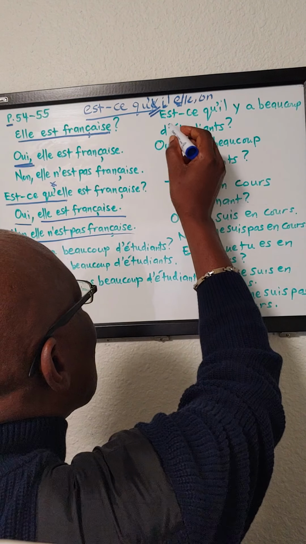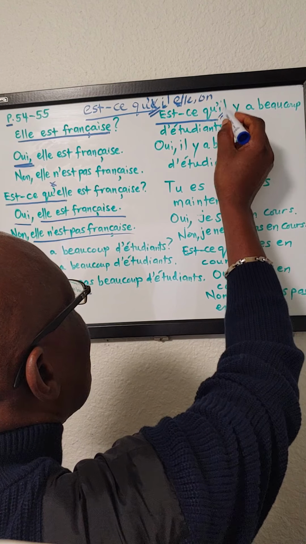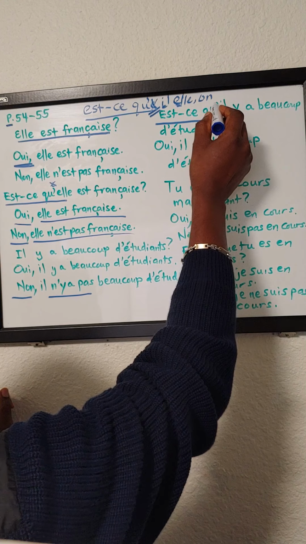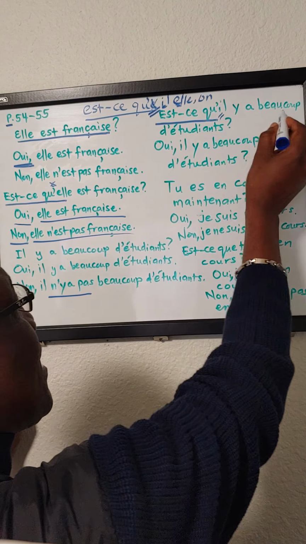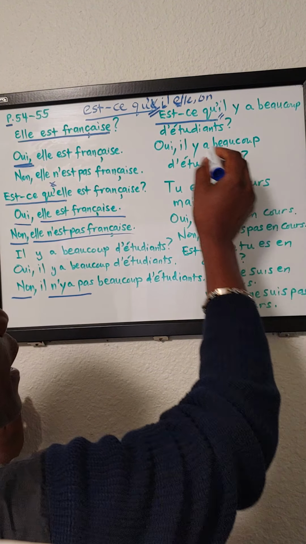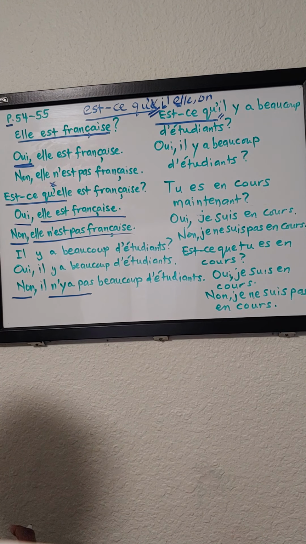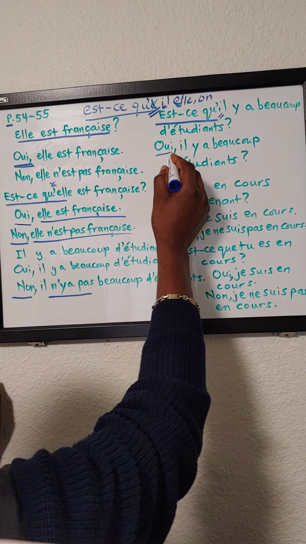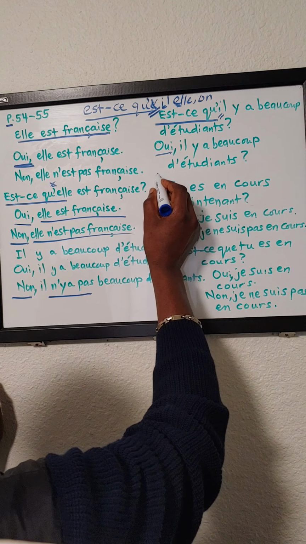Now we are using est-ce que here. You know that we have il beginning with a vowel, so two vowels meet. Get rid of the first one, and then we put our apostrophe. So, est-ce qu'il y a beaucoup d'étudiants? You answer your question the same way, with the oui or the non. Oui, il y a beaucoup d'étudiants.